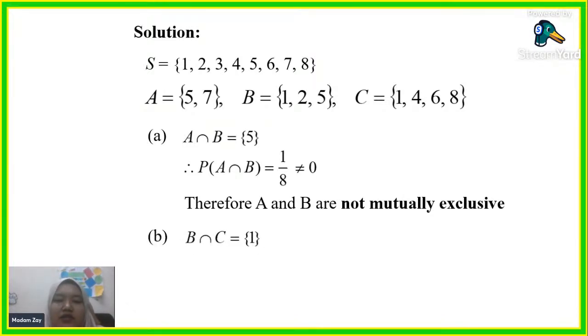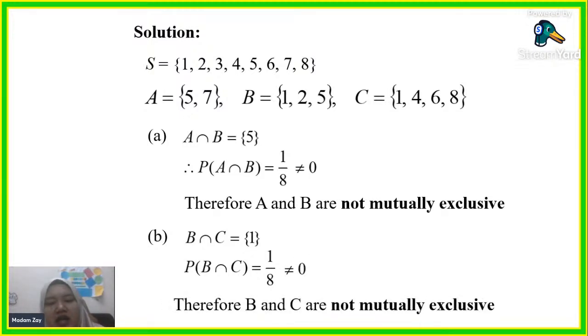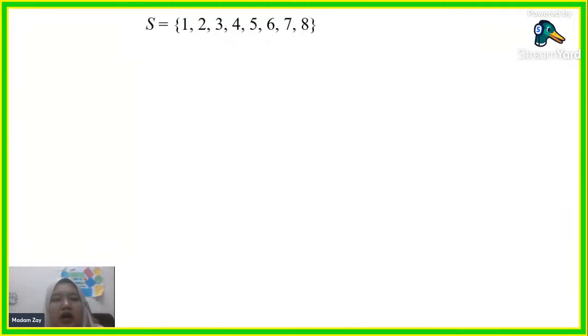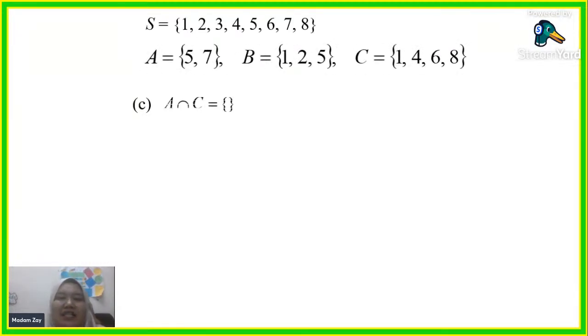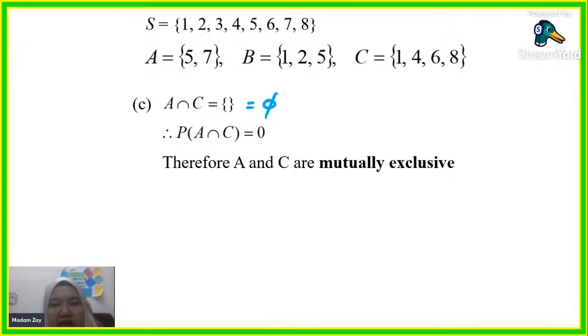For B and C it is also the same, we have the same element 1, so the intersection is 1 over 8, not equal to 0, therefore B and C are not mutually exclusive. But for A and C, we don't have an element, so we put an empty set. This is the representation of the empty set. Then the probability of A intersect with C is equal to 0. So therefore, A and C are mutually exclusive.